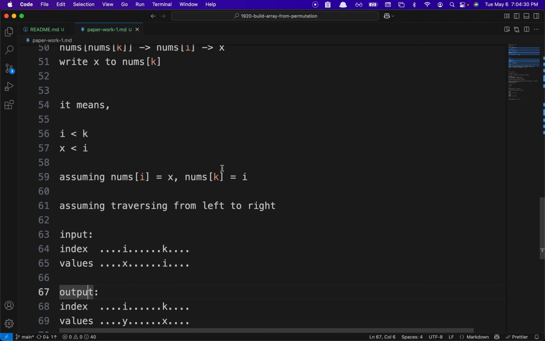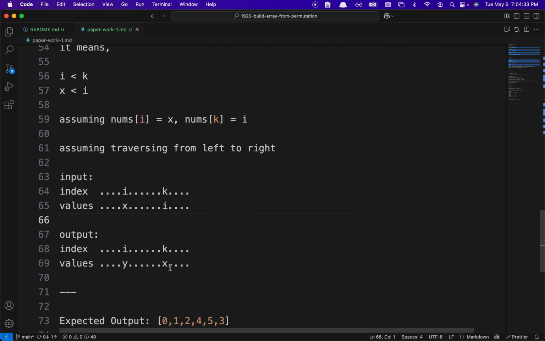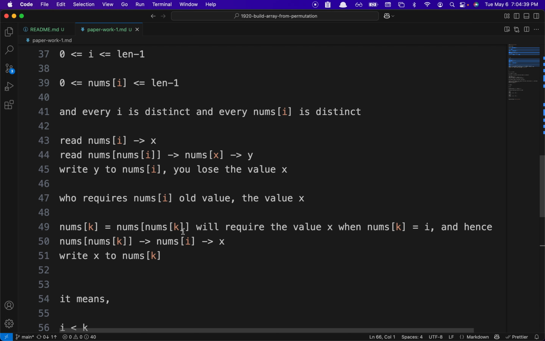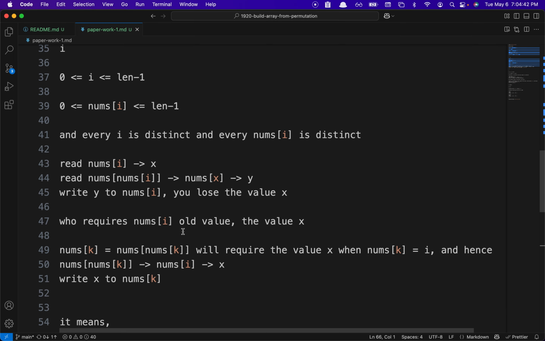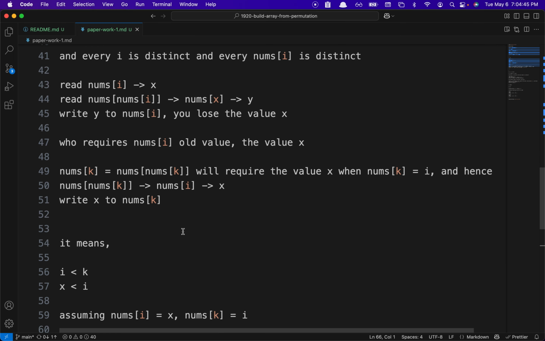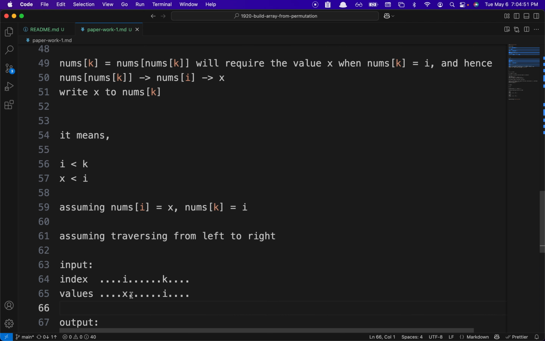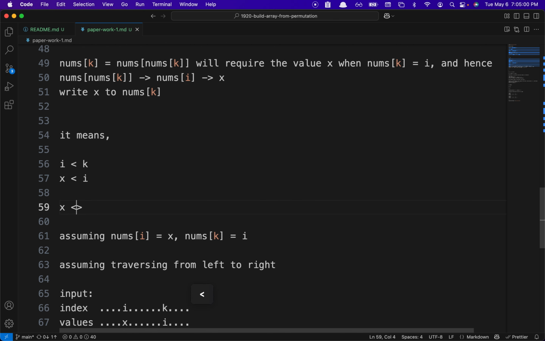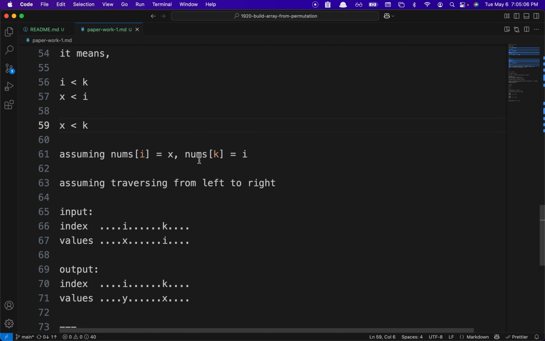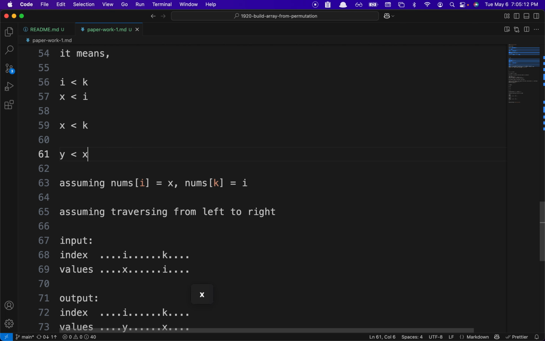Nums of x is y. And what is nums of y? No idea. Nums of x. So these are also, we're saying x is less than I, right? So we're saying x is less than k, right? If x is less than I and I is less than k, so x is less than k. These are all values by the way. And you're also saying y is less than x.